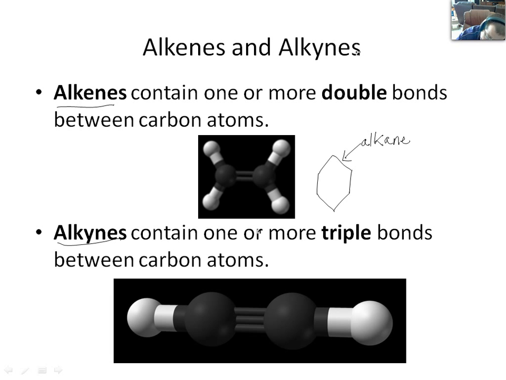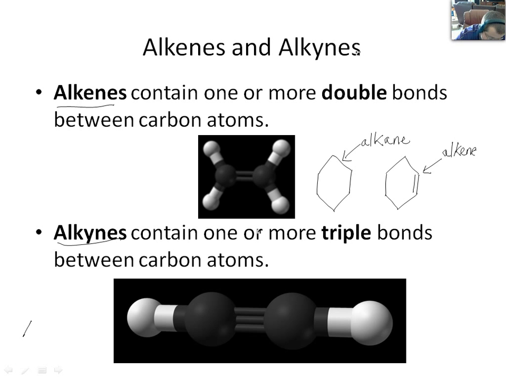But if we slightly modify that structure to give it a double bond, this is now considered an alkene. And triple bonds work the same way. If you see a triple bond that supersedes all others, we're going to call it an alkyne.